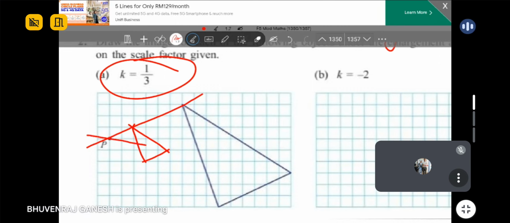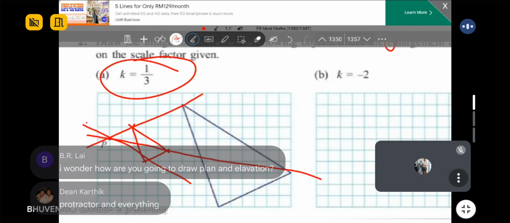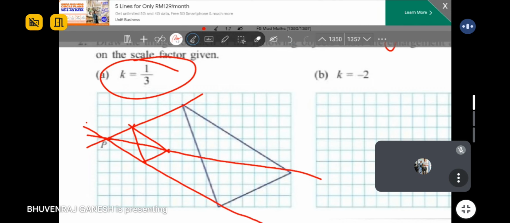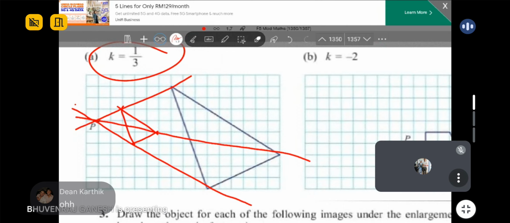Okay, guys, can you all see how to get the answer? So this is how you connect all the lines. Then you will get your object. I will sometimes draw ahead, but this one I didn't draw ahead because textbook. So I just draw. Oh, notepad. All right.